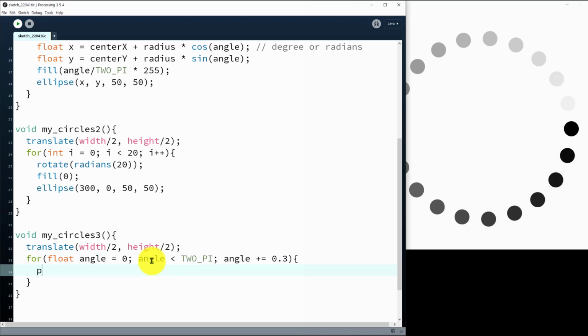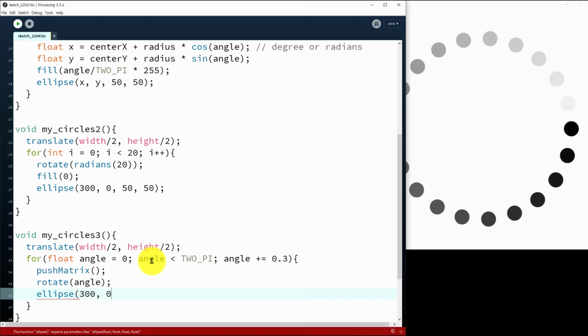Before drawing something, push matrix and rotate by angle. After that, we draw the ellipse at the same point, and then pop matrix. I think that's it.